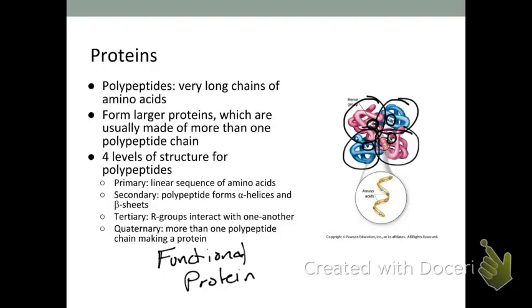Now, ultimately, it all leads back to this primary sequence, because if that order is wrong, it won't helix right, it won't fold right, and it won't interact right with other chains. So the linear sequence sets up the rest of the structure. It's just like if you have a long book that you have to read, and I start mixing the letters around in all the words.